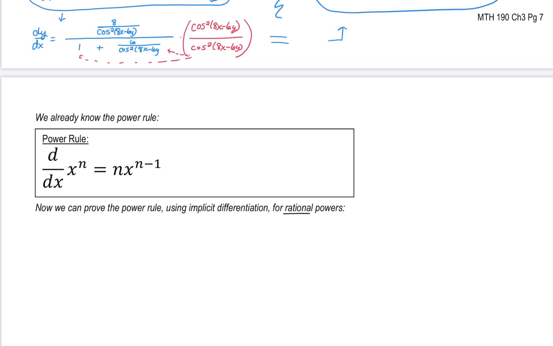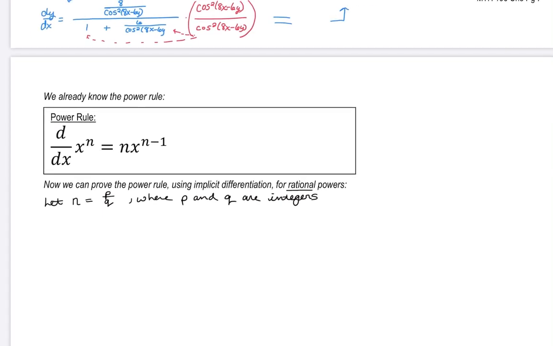So let's let n, that power, be a ratio of p over q, so a fraction, where p and q are integers. That's the definition of a rational exponent. It can be written in the form of an integer divided by an integer.